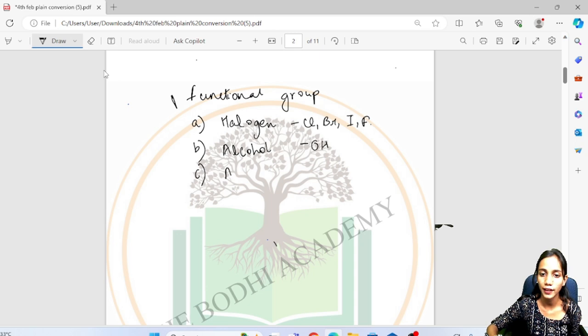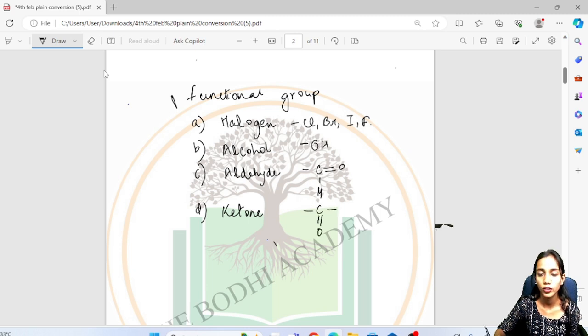The third one is an aldehyde group, that is C double bond O H. The fourth one is a ketone group, wherein you add a double bond O to the carbon. And the fifth one is a carboxylic acid group, wherein the formula is C double bond O OH.